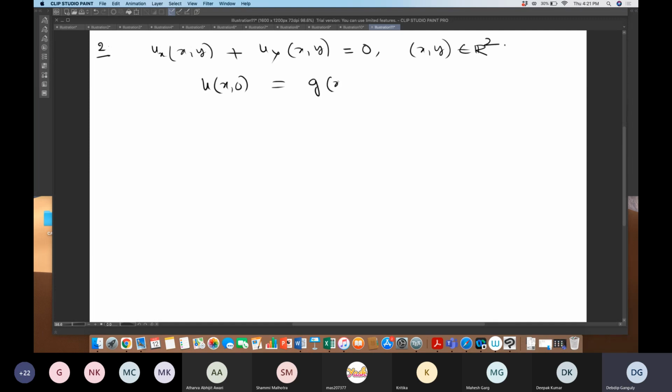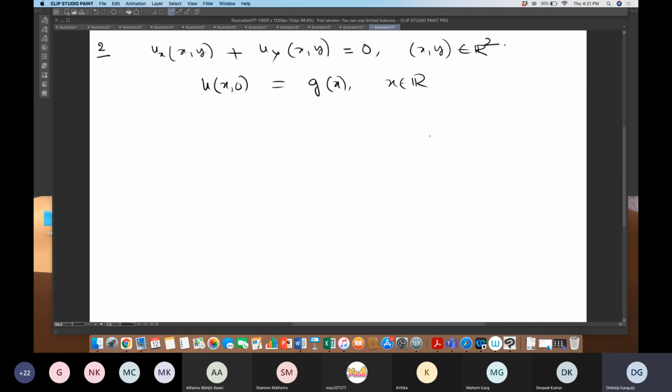Example 2. You should tell me now. Your favorite u_x(x,y) plus u_y(x,y) equal to 0 when (x,y) is in R2, and u(x,0) is given to be some g(x).